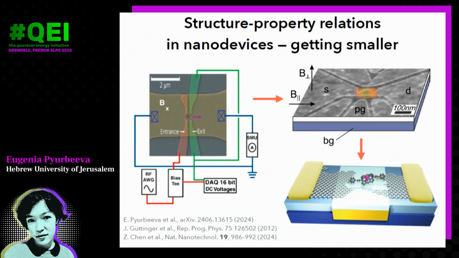Now, there are 2 issues with that. Issue number 1 is that if you look at this picture, you see that these things that we couple this molecule to are highly irregular and highly non-identical. So even if your molecules are identical, for now, we aren't able to connect them to absolutely identical electrodes.